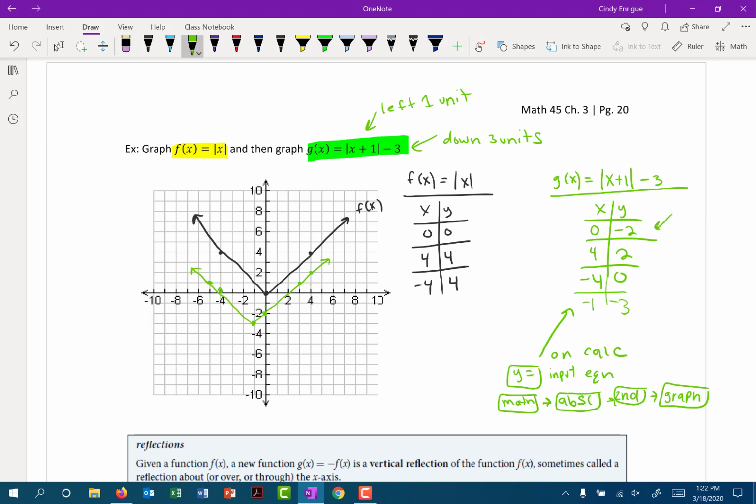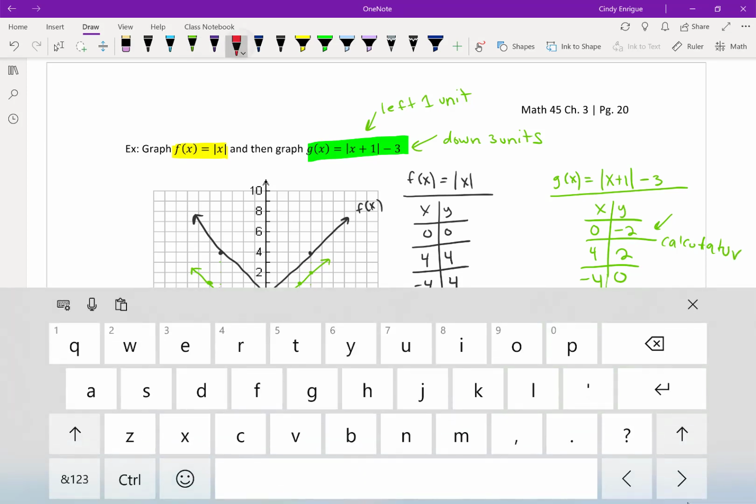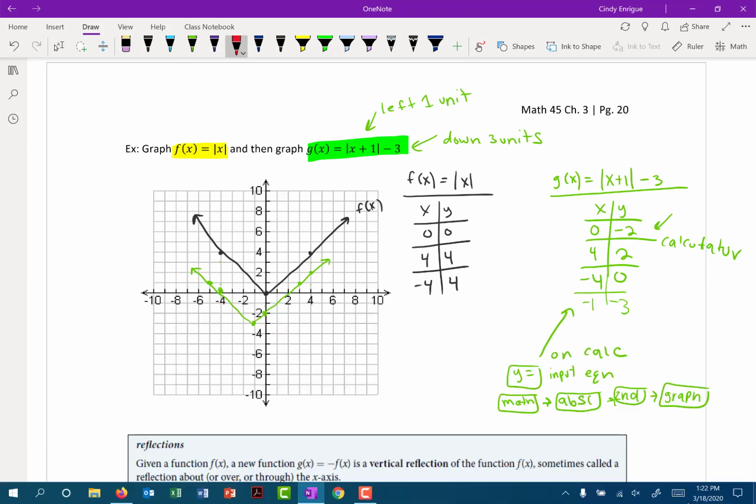So these points I got from the calculator. And then these points I actually got from moving these around. So this point corresponds to this point, and this point corresponds to this point over here.